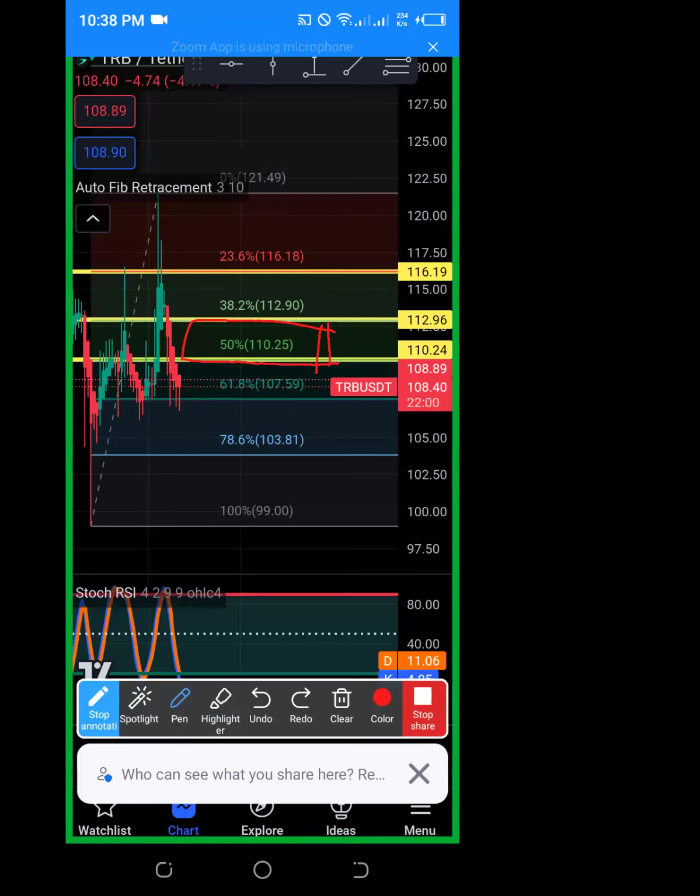So if you have smaller capital, you can just wait for the market to go back to 50%, or you can enter at 38 or 23. Maybe it is here, you can enter from here or from here. But mostly for me, I prefer entering the market when it has gone down to this area of 50%.